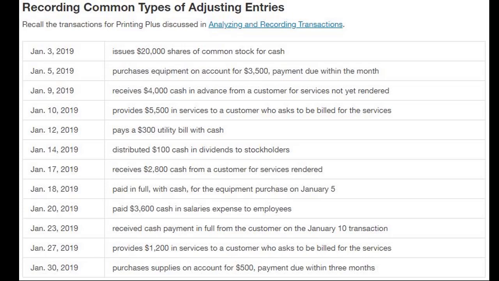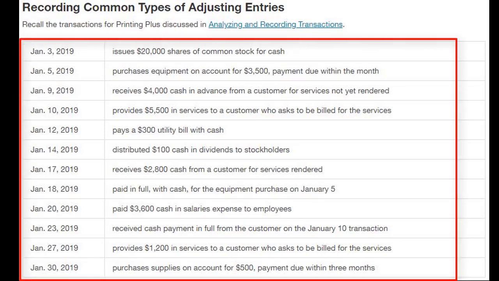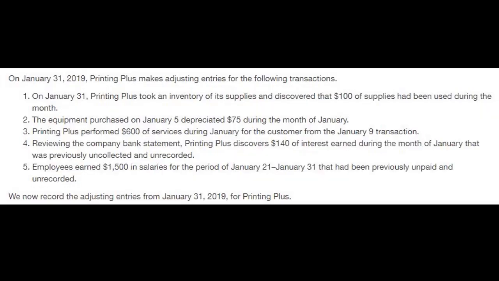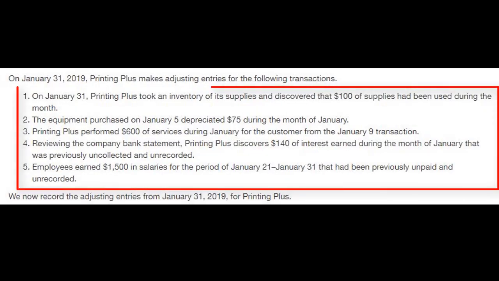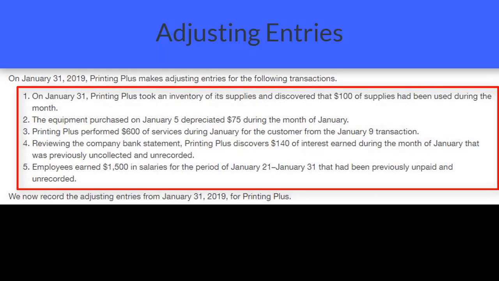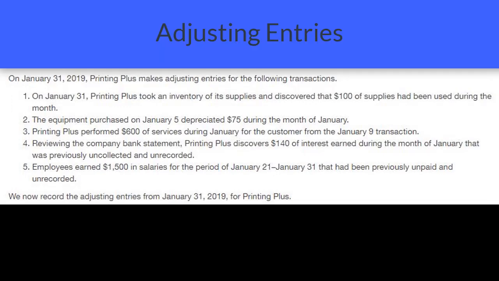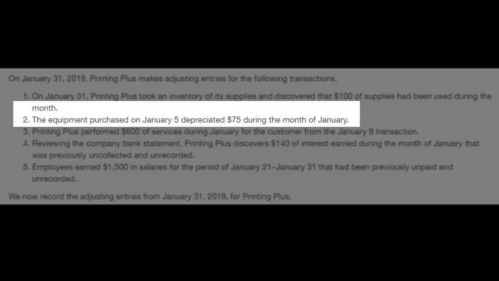If you look at the example in the textbook, they list the 12 transactions that we've already talked about previously, but then they list 5 more adjusting transactions or adjusting entries that are made on January 31st. Let's talk about number 2.